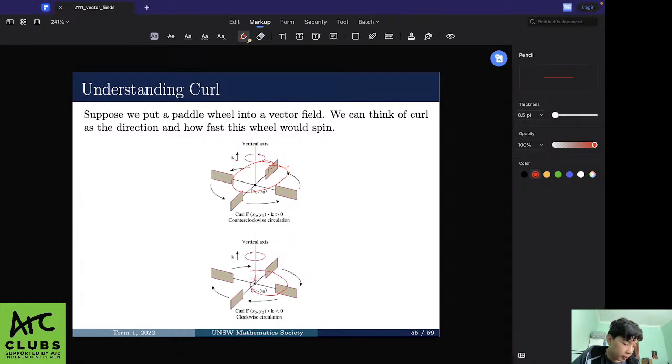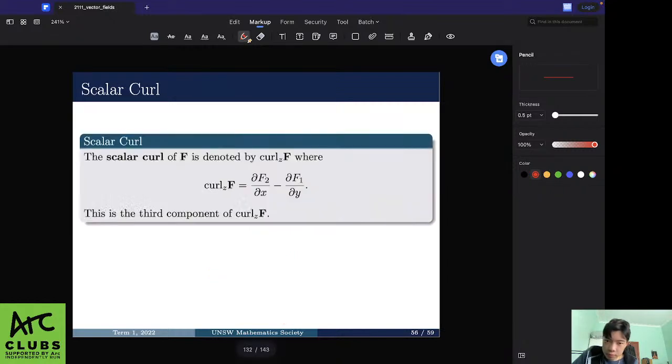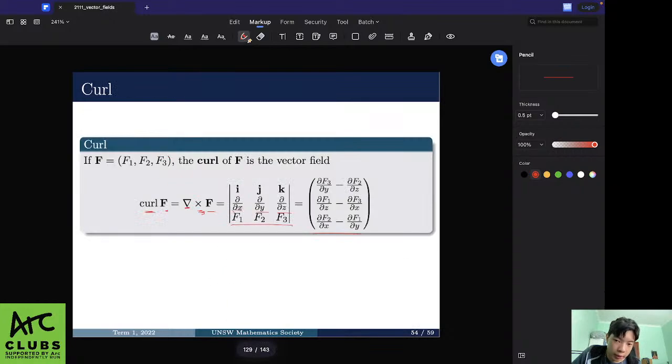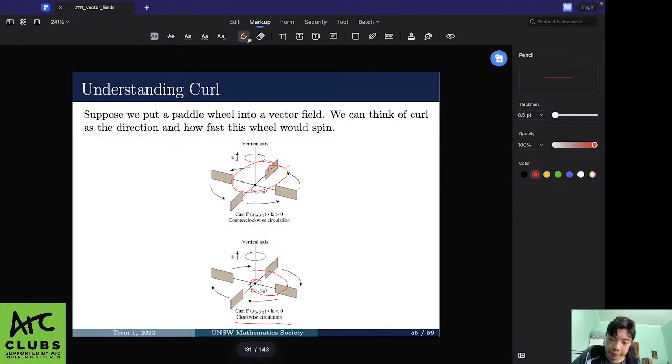And if it's a clockwise movement, then we can say that this curl dotted with the vertical direction is negative. There's also a scalar curl, and it's generally denoted by curl with a z subscript and then an f, and it's just the third component of our curl.